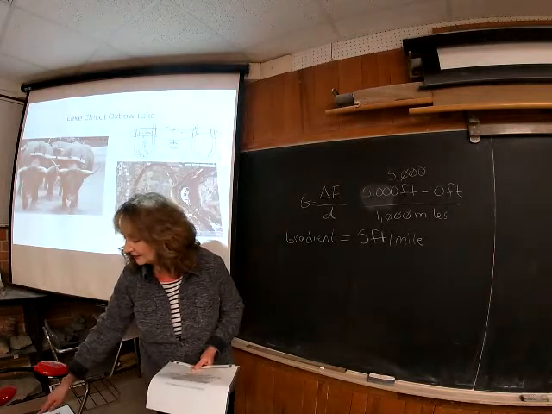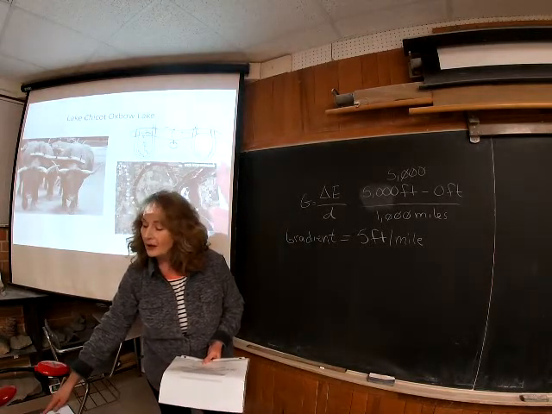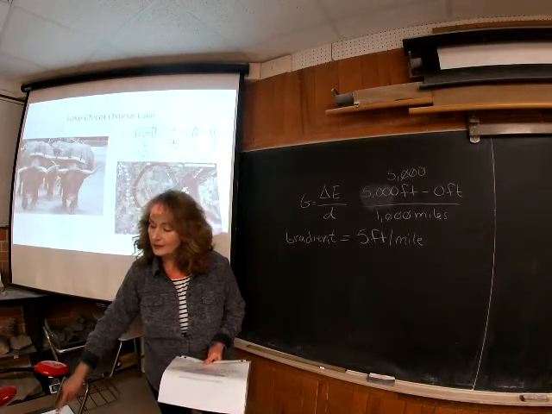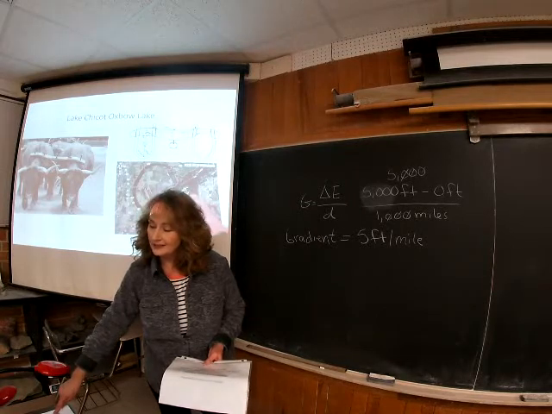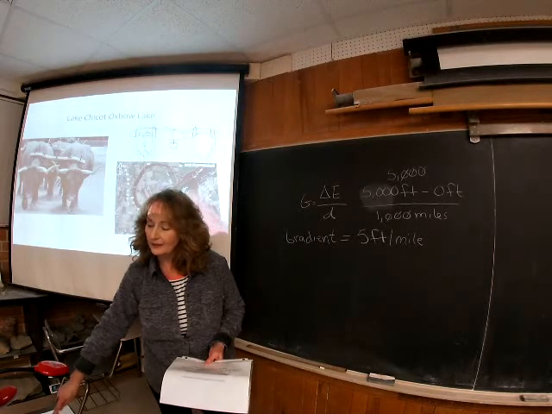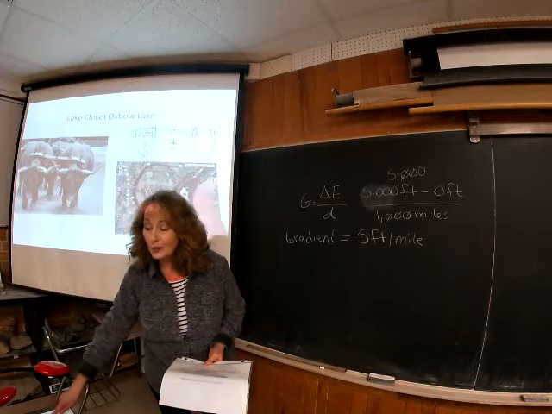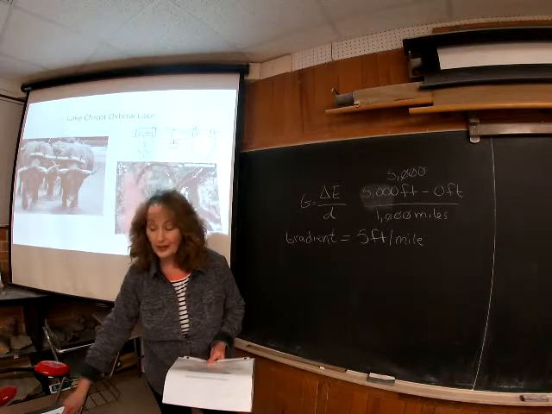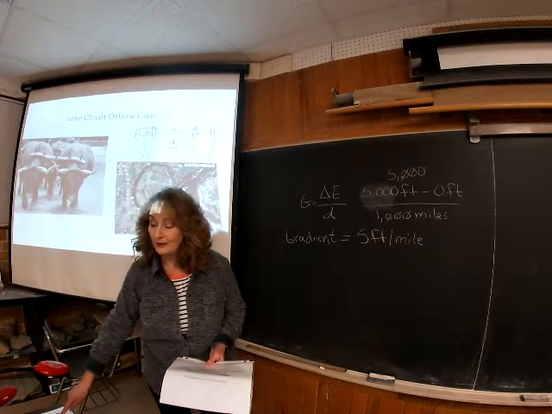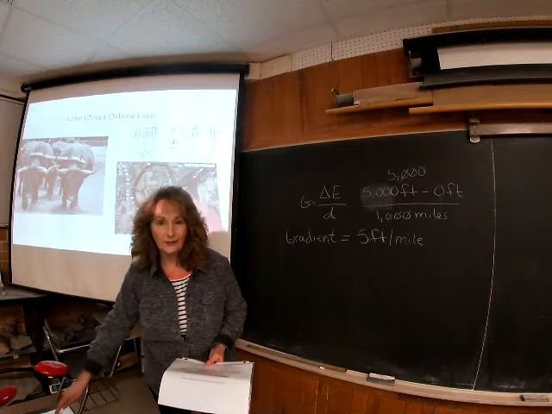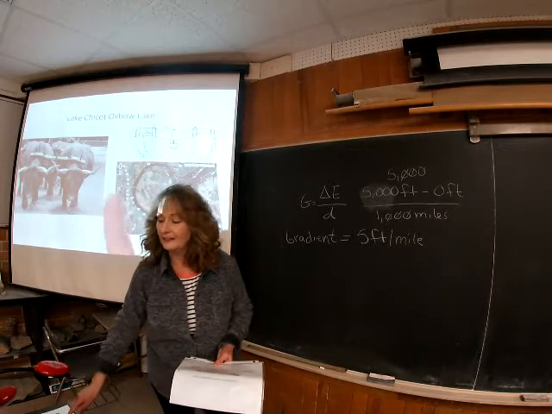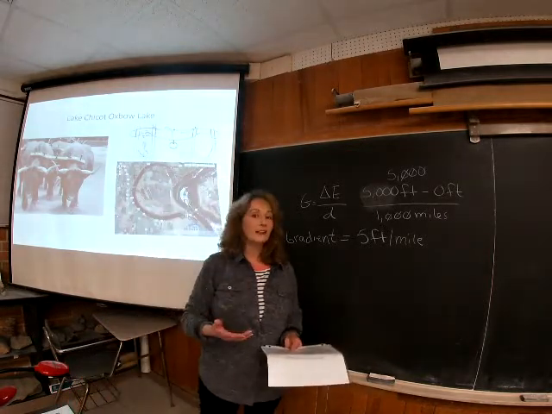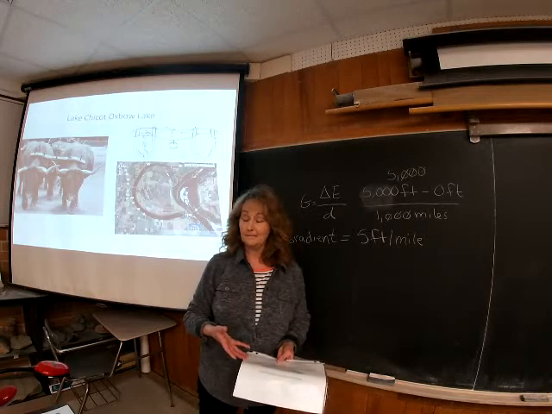Here is the Google Earth picture. The Mississippi River was going along, and you can see a little point bar there, a buildup of material. This was part of a meander of the Mississippi River, but it got cut off and left behind, and they call it an oxbow lake.